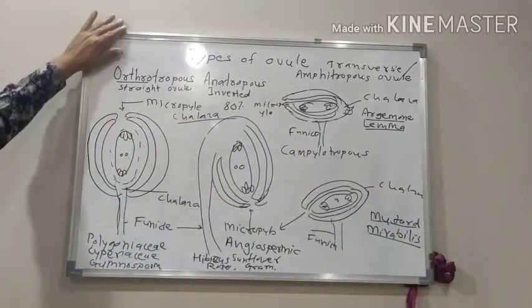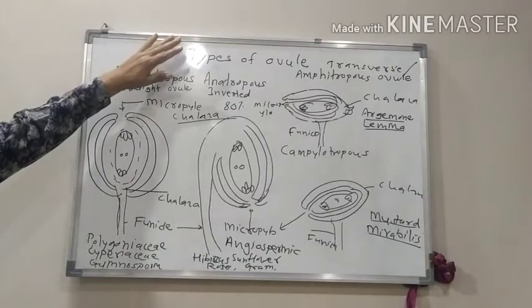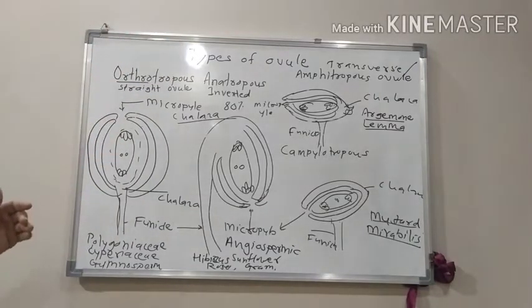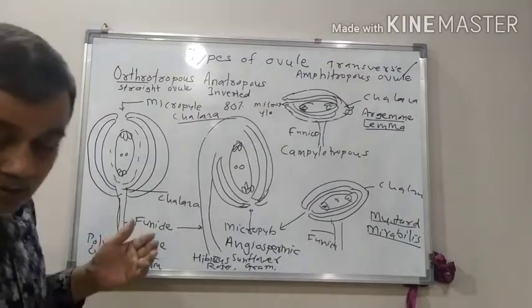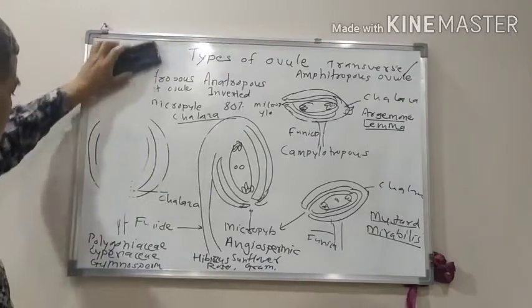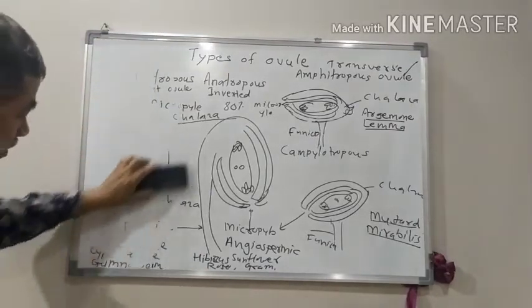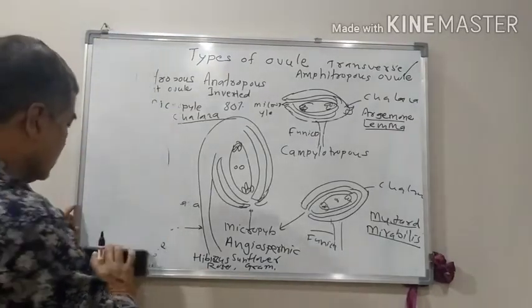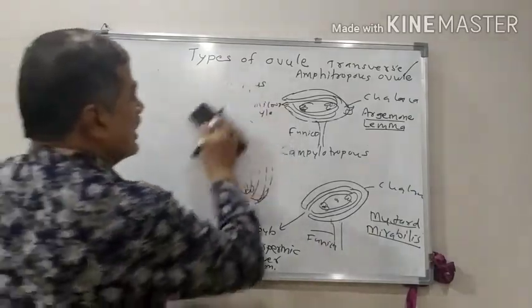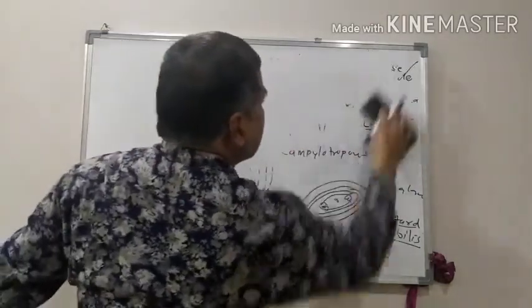Here we have seen the types of ovule. Now I will conclude the topic. The flower is a modified shoot meant for reproduction, developed on condensed terminal or axillary branches.